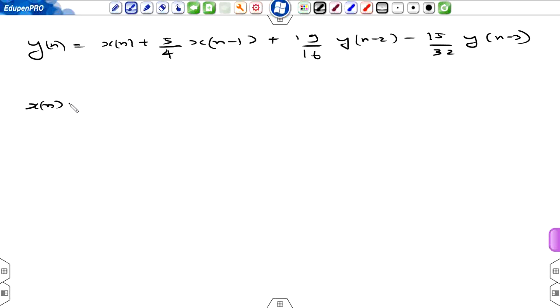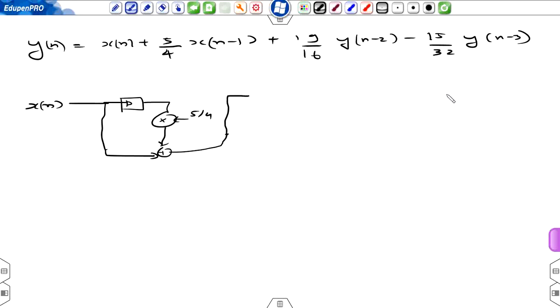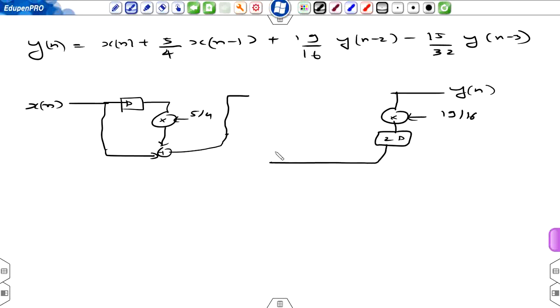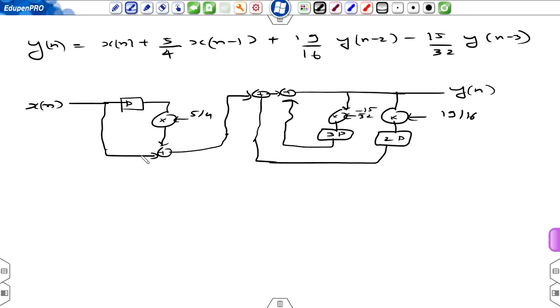X(n) is delayed by 1, multiplied by 5 by 4 and added to itself, like this, and suppose this is y(n), so we have multiplication factor 19 by 16 delayed by 2 delay elements and added to this, and this will be added to y(n) multiplied by minus 15 by 32, delayed by 3 delay elements and given back to this adder.